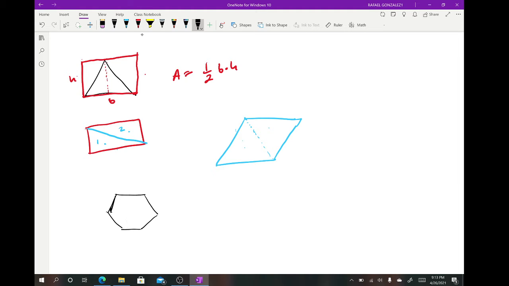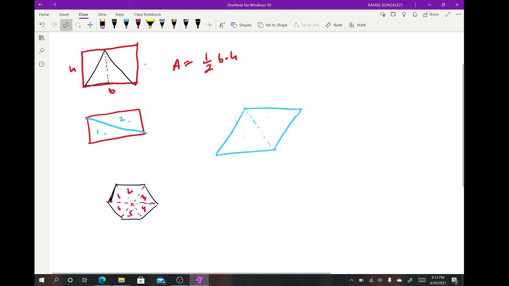So with a hexagon, what you could do is you also make triangles because now we know how to find the area of triangles. So you could do it like this. So you have 1, 2, 3, 4, 5, 6 triangles. So when you find the area of each of them individually and you add them up, you get the area of the whole hexagon. And for many other polygonic figures, you could do the same thing.